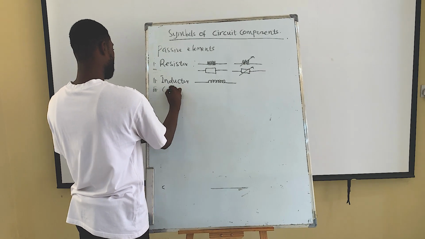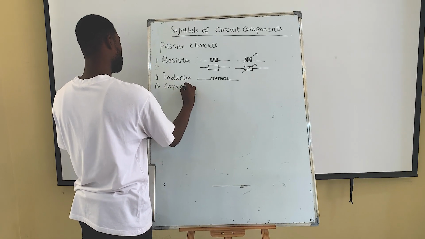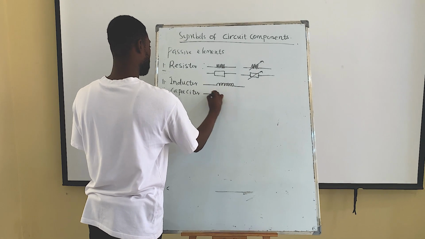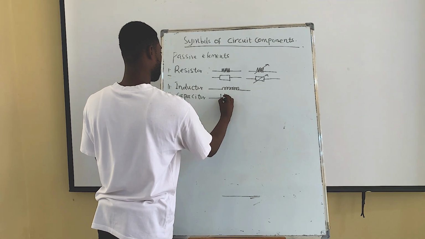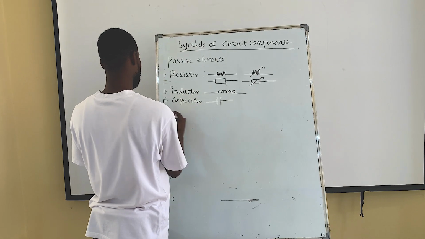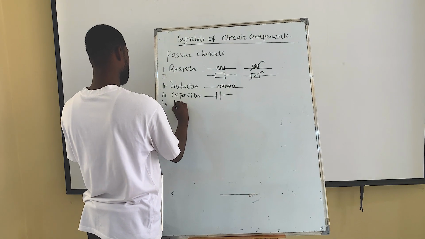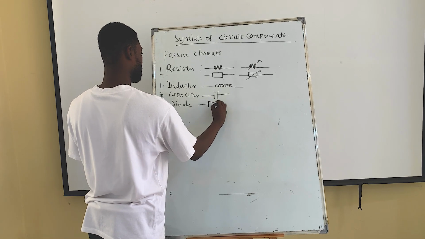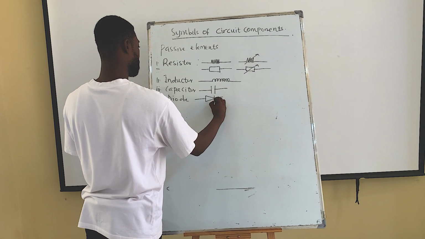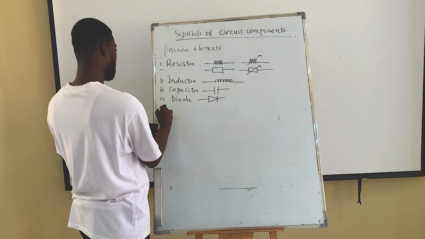Then the capacitor, which is used to store electric charge. So this is a capacitor. Then the diode. We can represent this as a diode.